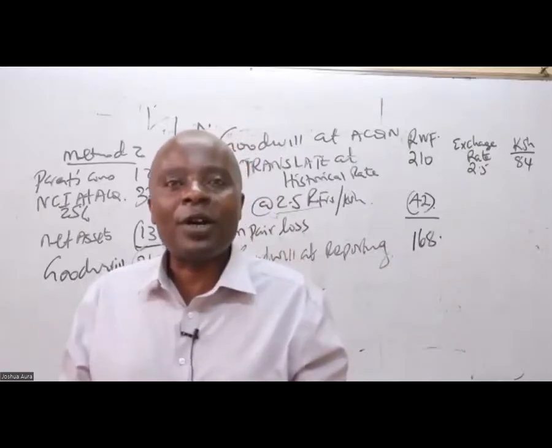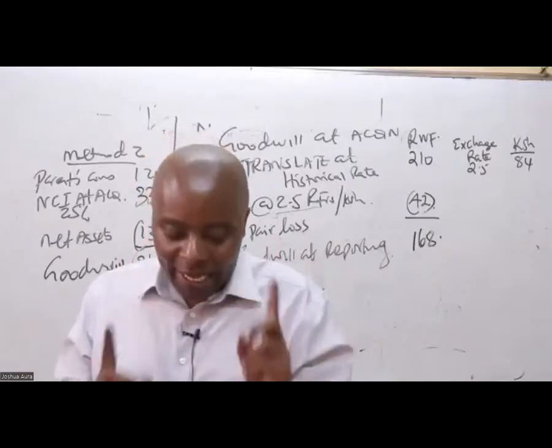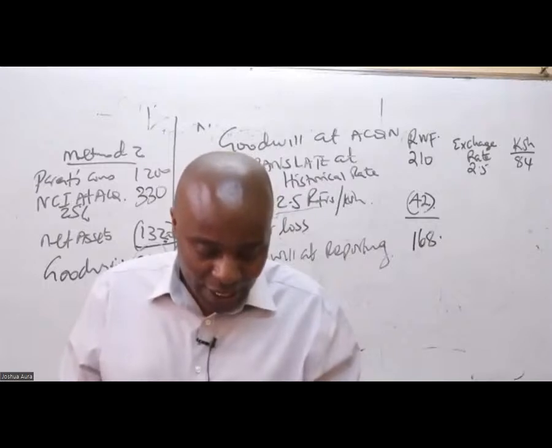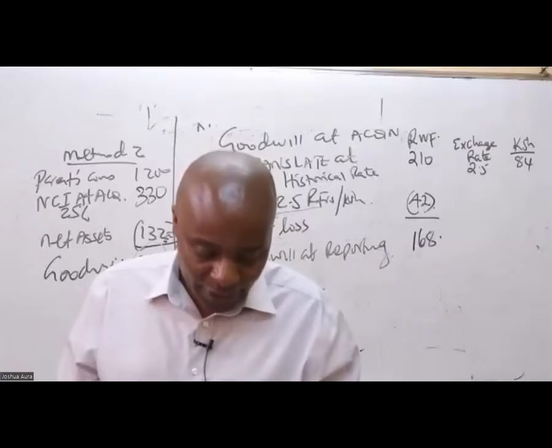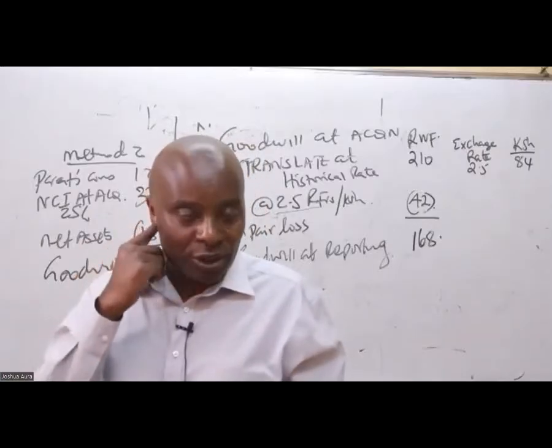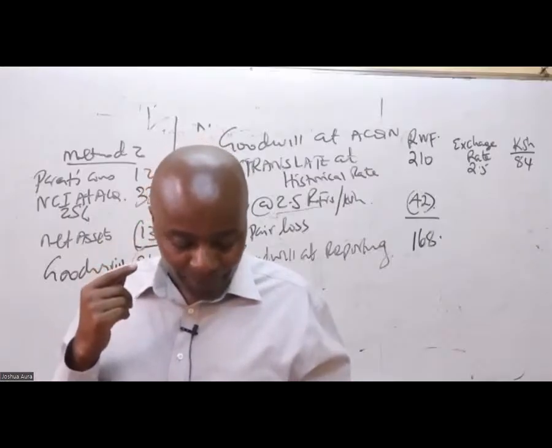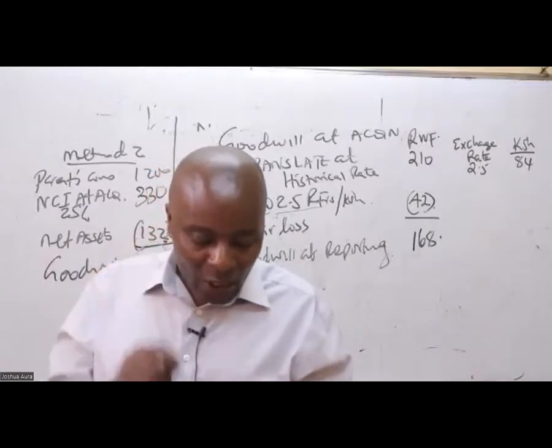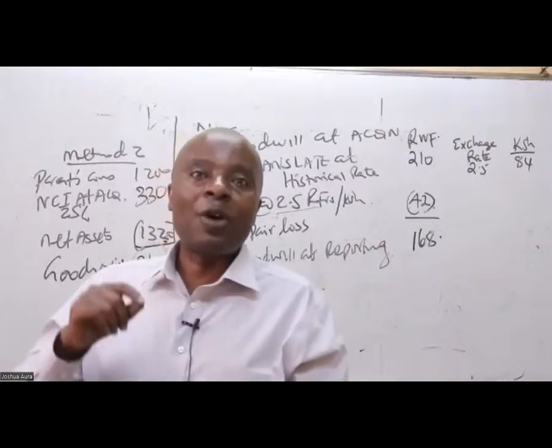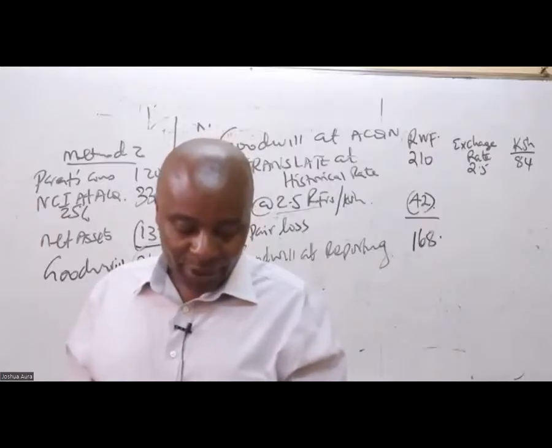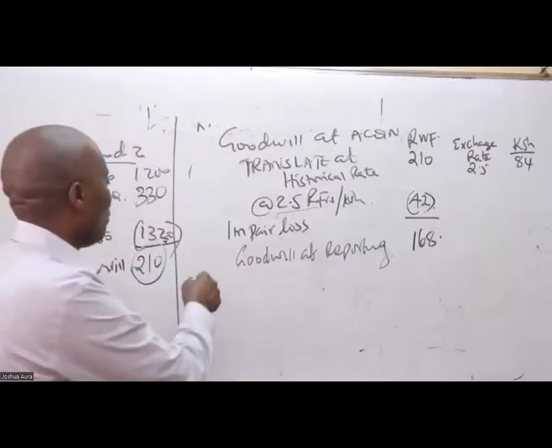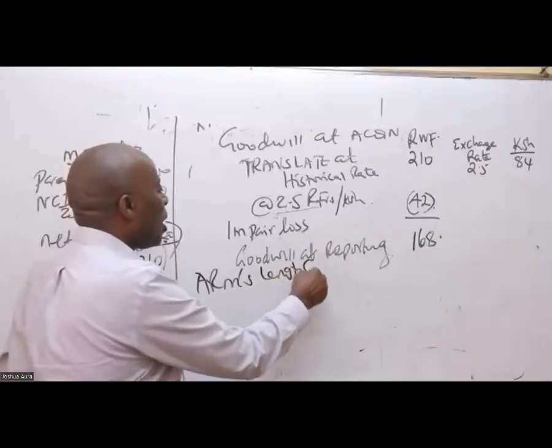The only difference between IPSAS and IAS, and you should write this down, is that unlike IAS 24, IPSAS 20 does not require disclosure of information about business transactions between related parties which occur at arm's length, what we call normal trade.